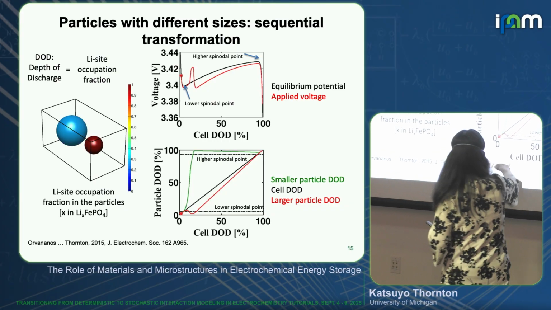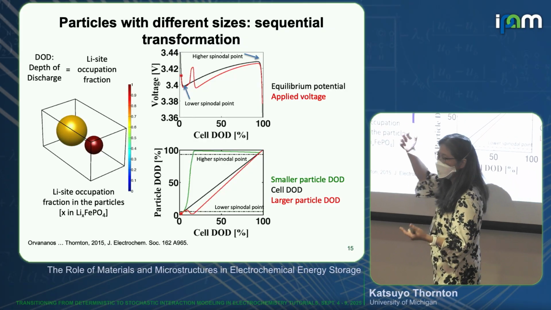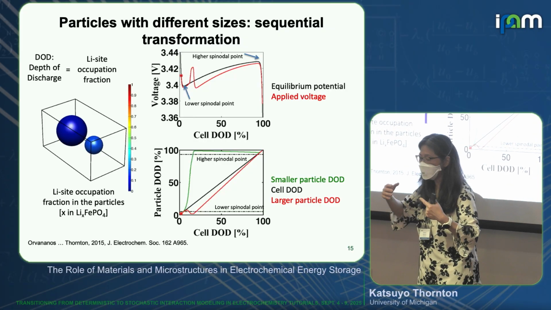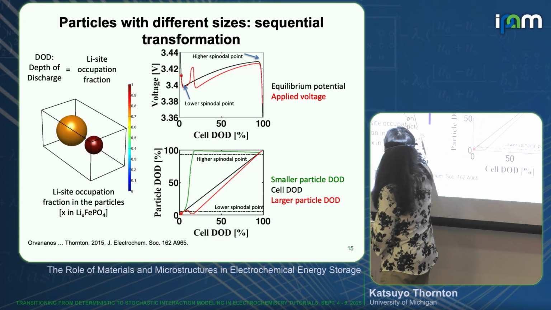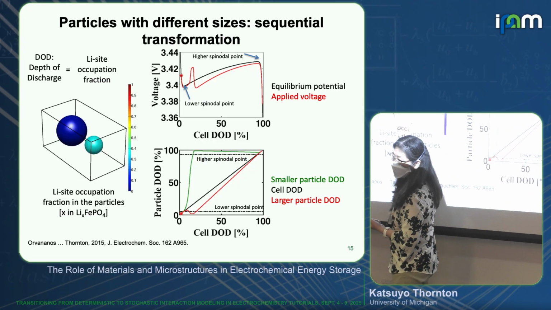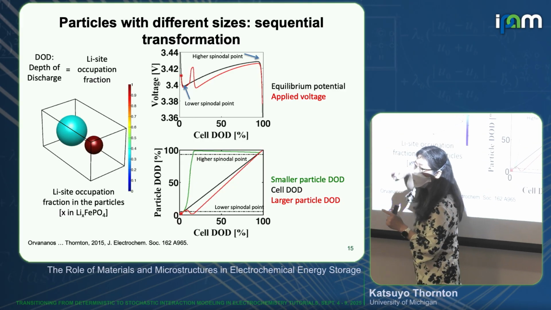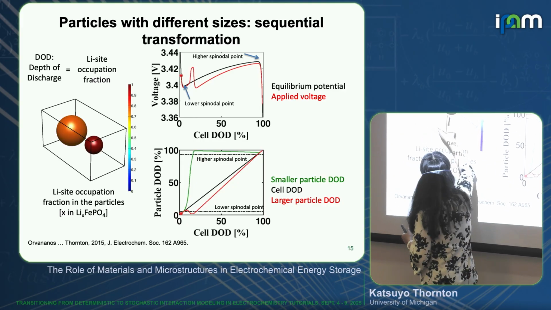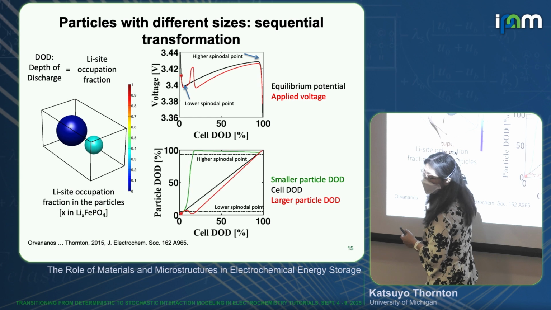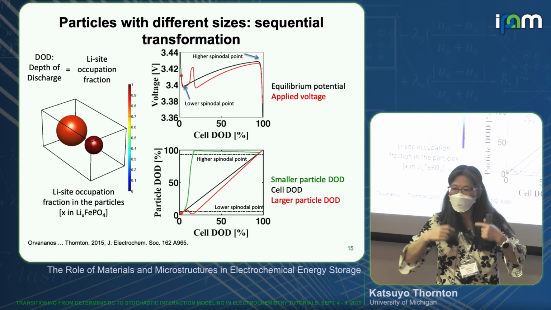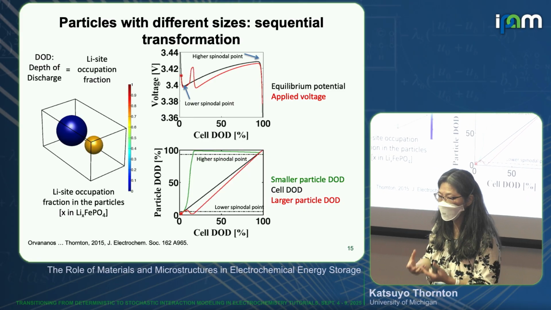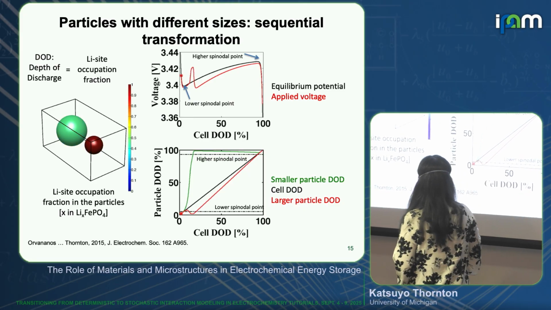Initially, the concentration is the same. It basically starts at 0. So initially, the reaction rate per unit area is the same on both the larger particle and the smaller particle. But there is more volume in the larger particle, so the smaller particle, which has less volume, is going to fill up faster because the capacity is lower.